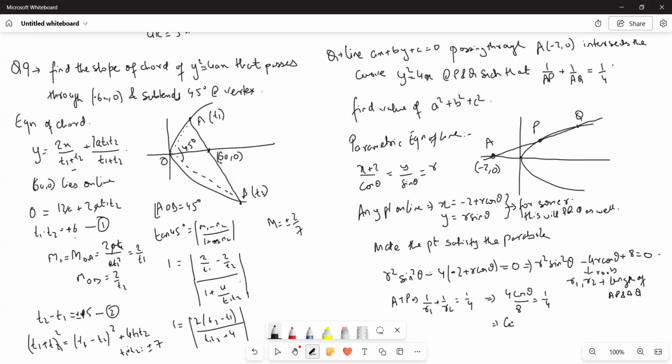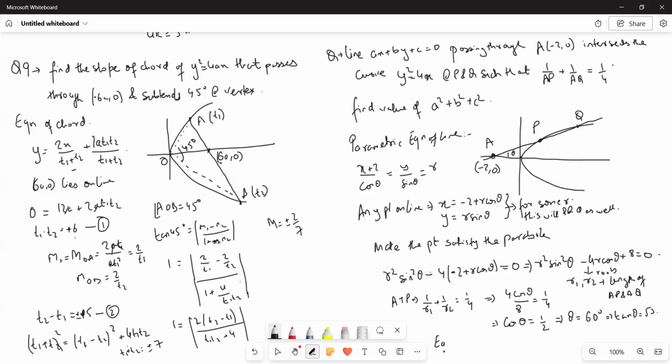That implies cos theta is half. If we consider this angle as theta, cos theta is half, so theta is 60 degrees. That in turn implies tan theta would be root 3.